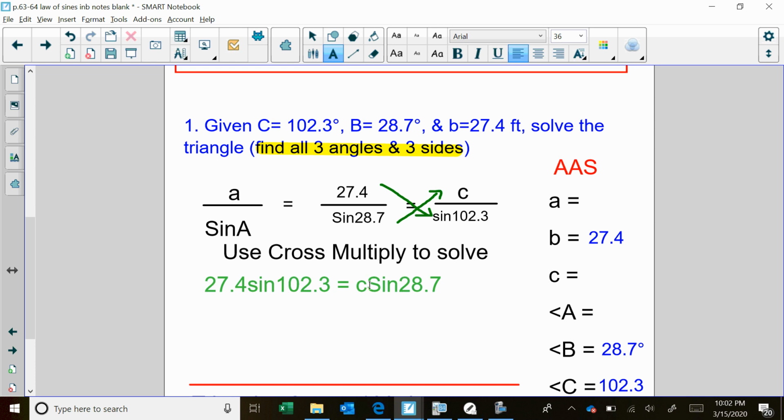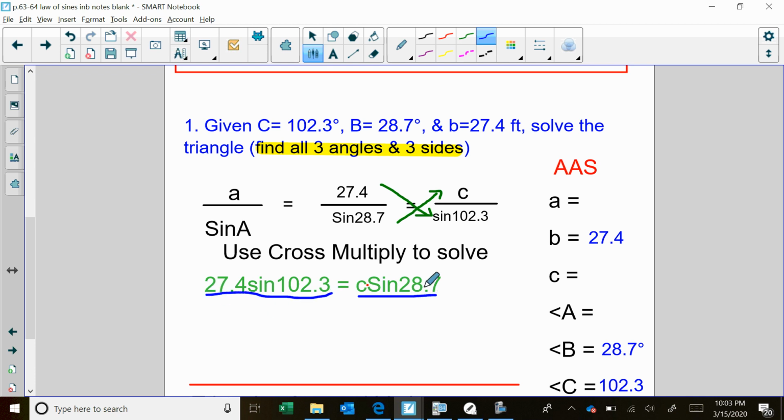Now, since we just did cross multiplication, remember, there's a multiplication symbol right there. And so we will use division to get rid of that sine of 28.7. So we will divide by sine of 28.7 on both sides.